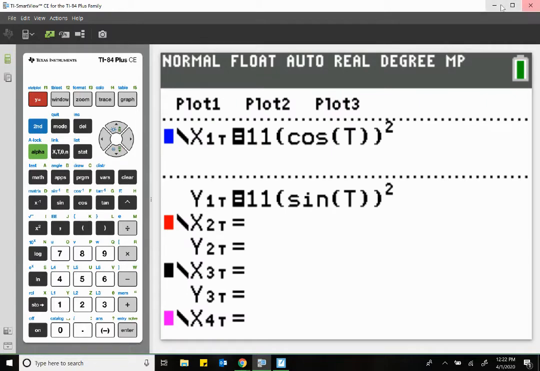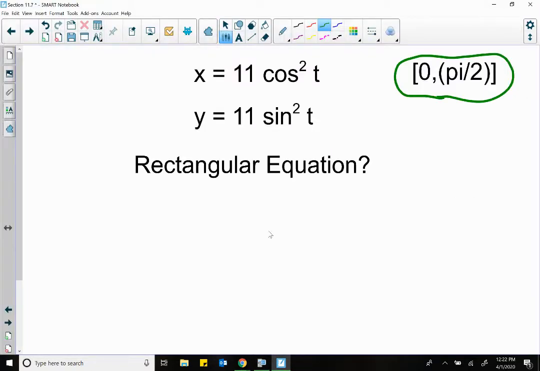All right. So let's jump into our paper. Some things you're going to look at are going to seem really weird. What we want to do is isolate the cosine squared and the sine squared. Because if we can isolate them, we can use some of those identities we know from the past.